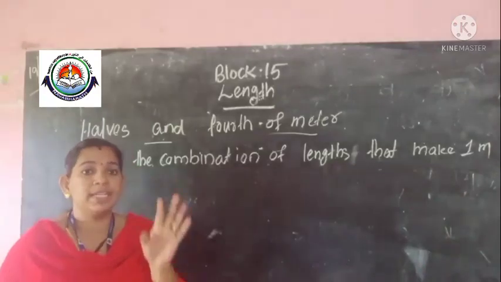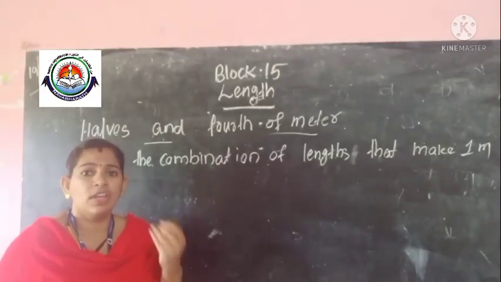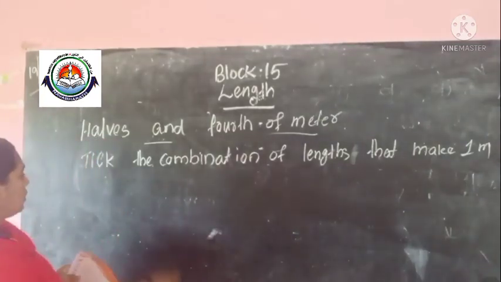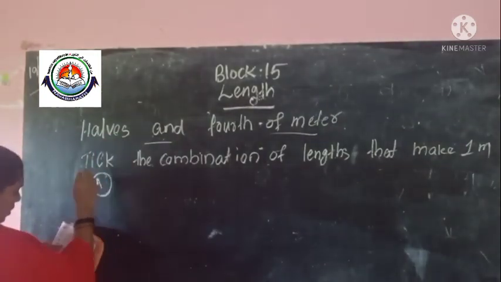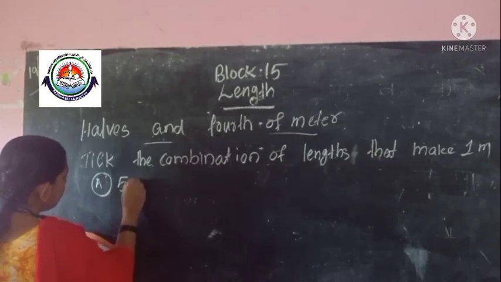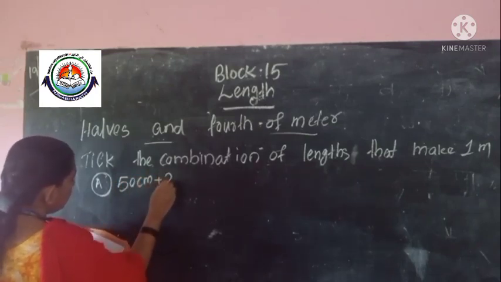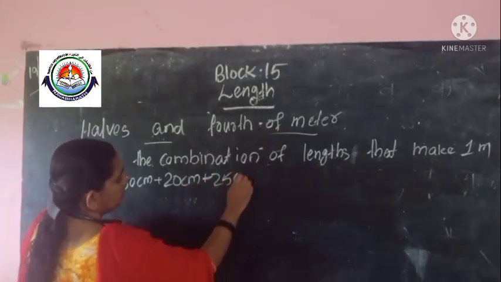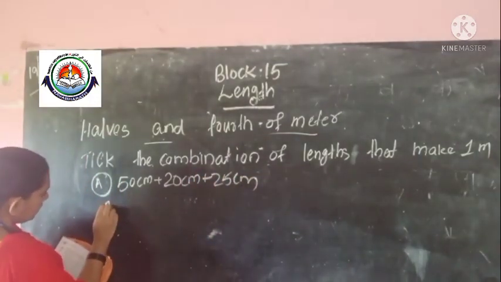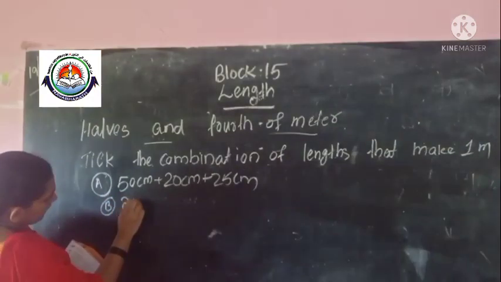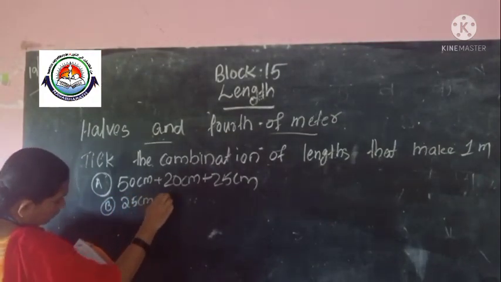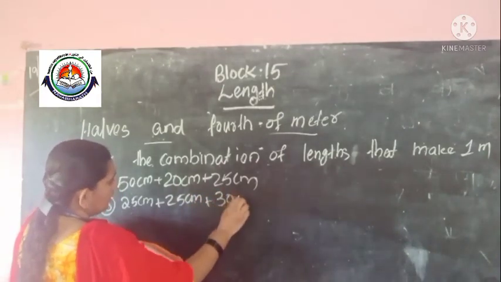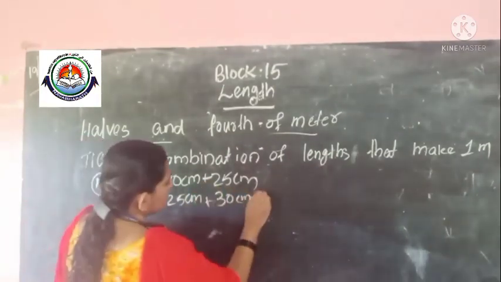So here some combinations are given. You want to find which combination gives 1 meter. So write the question. A: 50 centimeter plus 20 centimeter plus 25 centimeter. Second: 25 centimeter plus 25 centimeter plus 30 centimeter plus 20 centimeter.